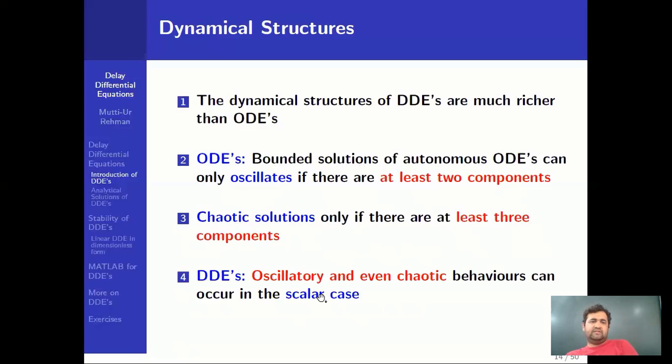But if instead we have delay differential equations, then even in a very simple scalar case, we will have both kinds of behavior, the oscillatory behaviors and the chaotic behaviors of our system.